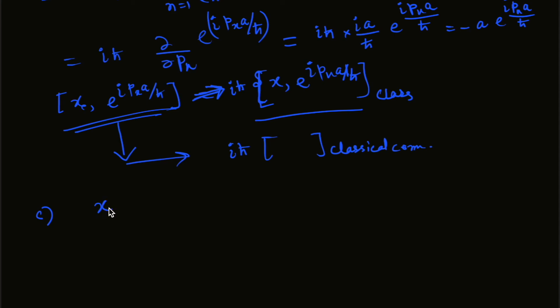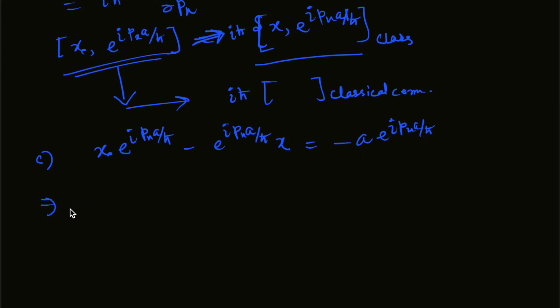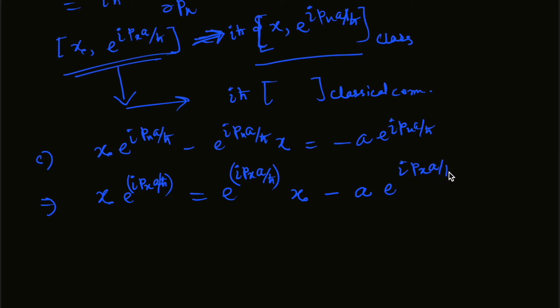That means x e^(i px a/ħ) minus e^(i px a/ħ) x is equal to minus a e^(i px a/ħ). So x e^(i px a/ħ) is actually e^(i px a/ħ) multiplied by (x minus a).